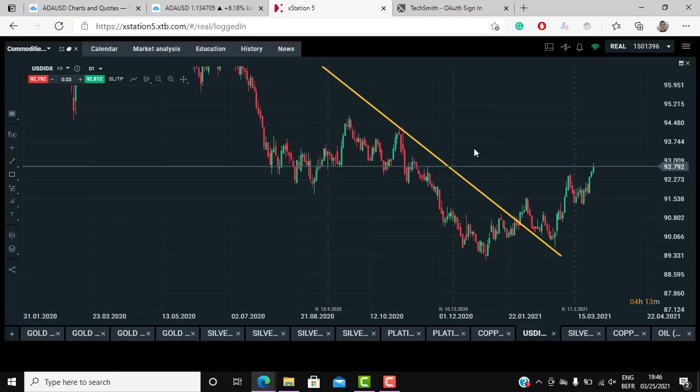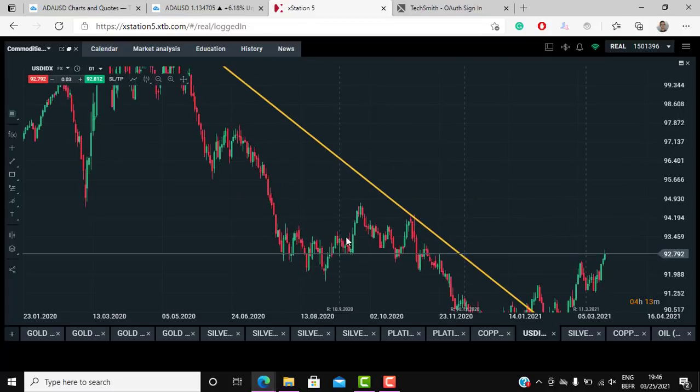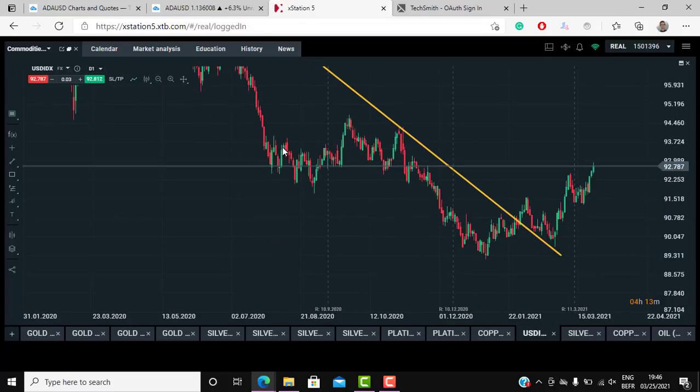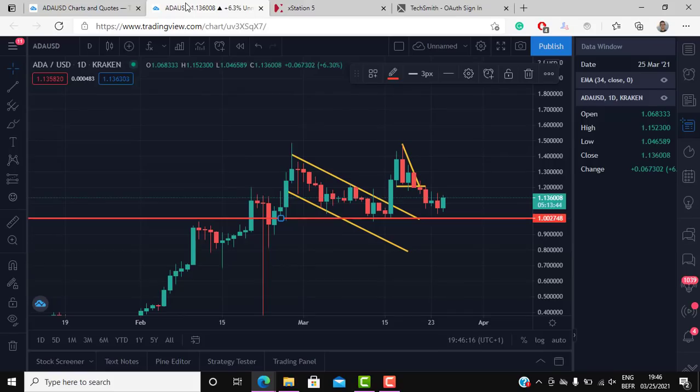So when it comes to the crypto markets, there's a lot of potential still ahead, because we looked at the weekly and monthly charts of different cryptos, and there's a lot of potential when it comes to not just Cardano, but a lot of other cryptos as well, like Ethereum, Litecoin, and all of these cryptos.